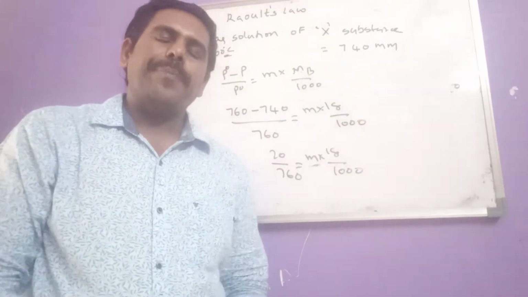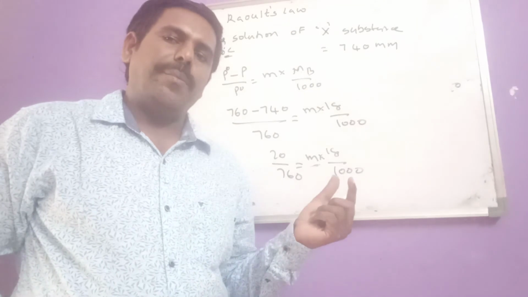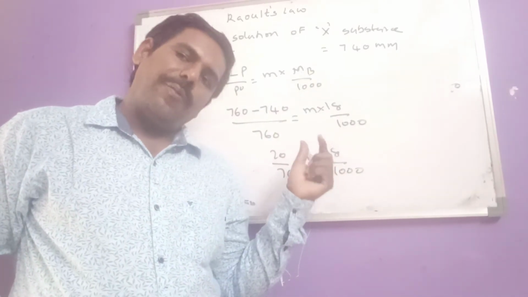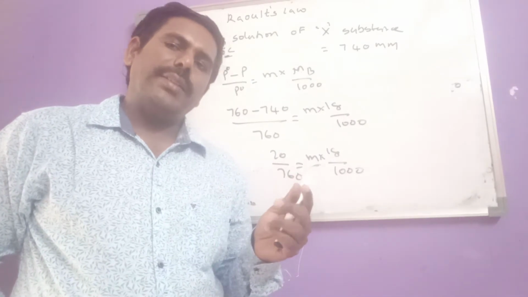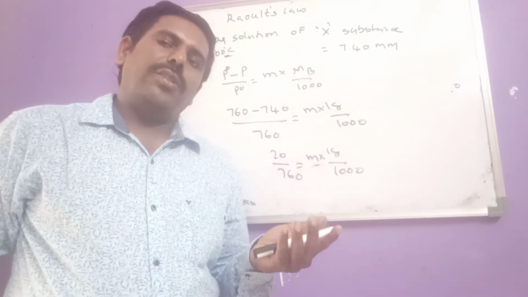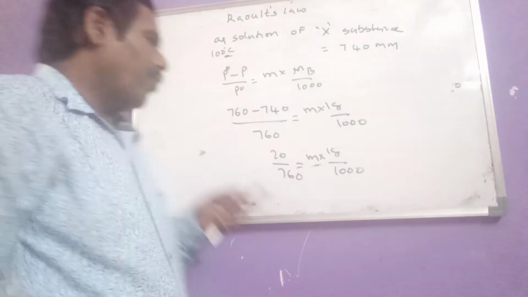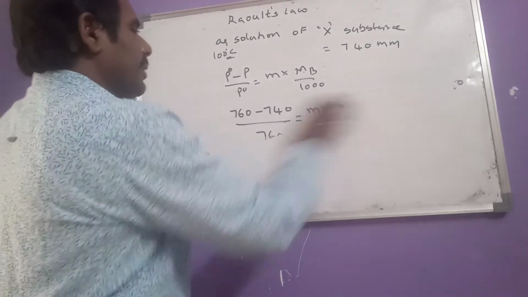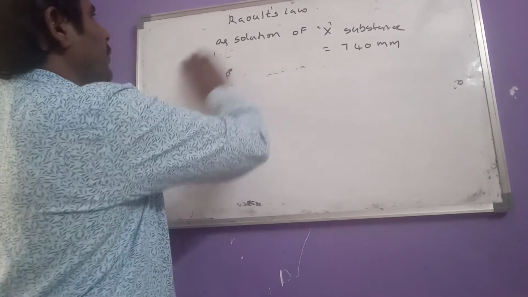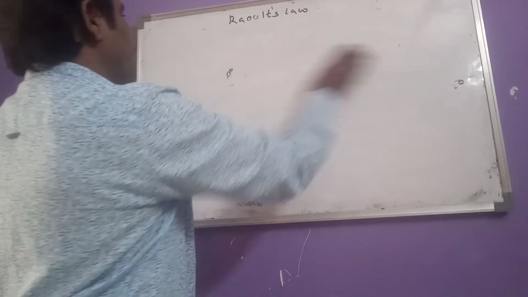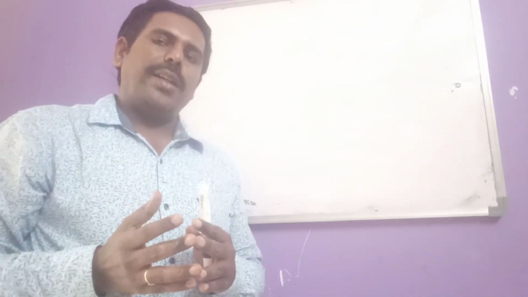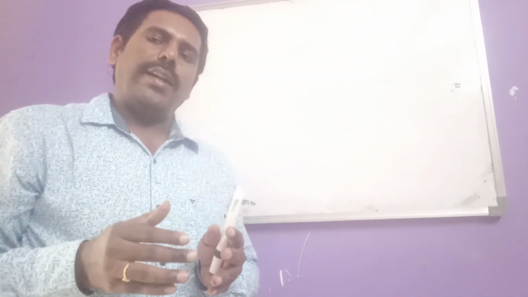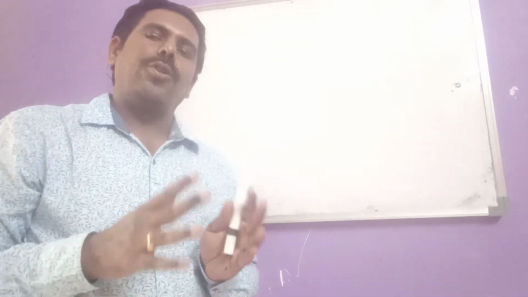So these are the different questions from basic principle of Raoult's law. And one more important formula also there in case of Raoult's law. That is calculation of vapor pressure of mixture of two different solutions, or the vapor pressure of a solution containing two different components.